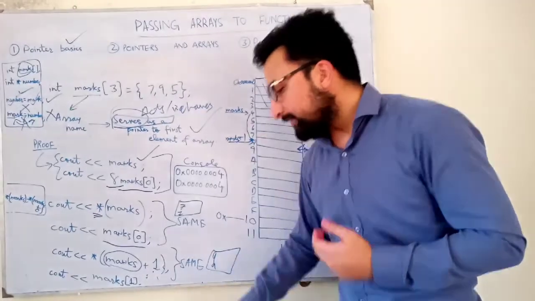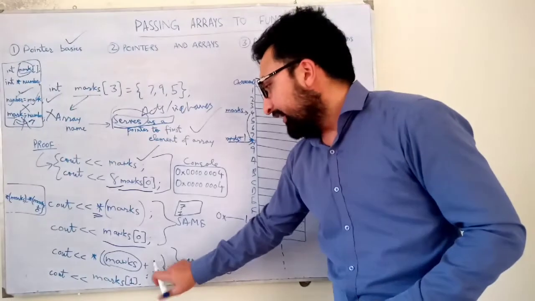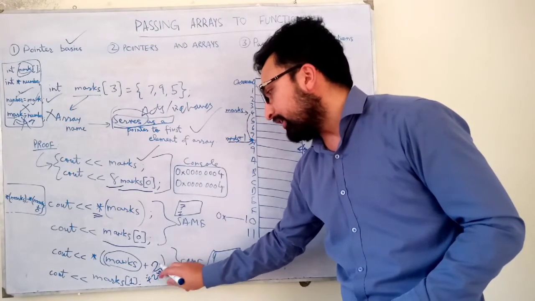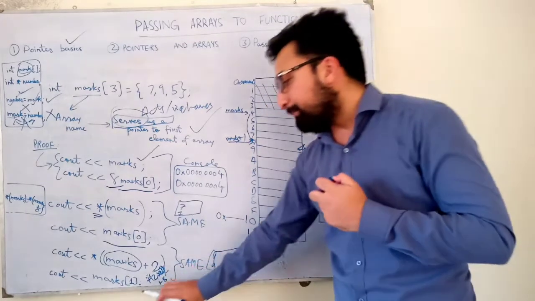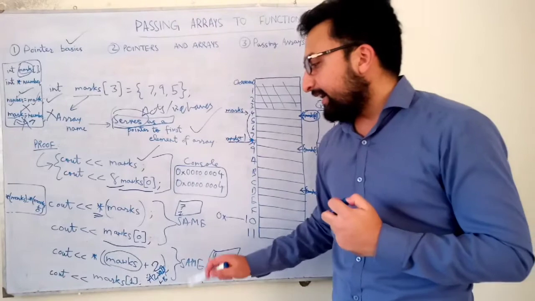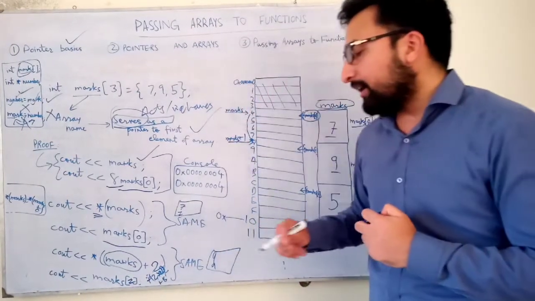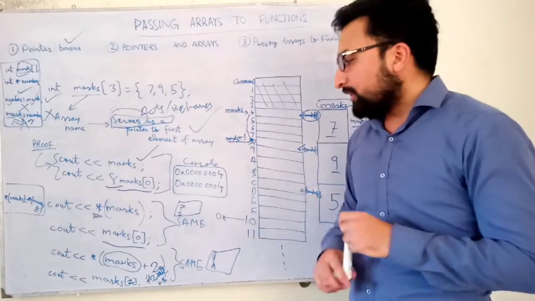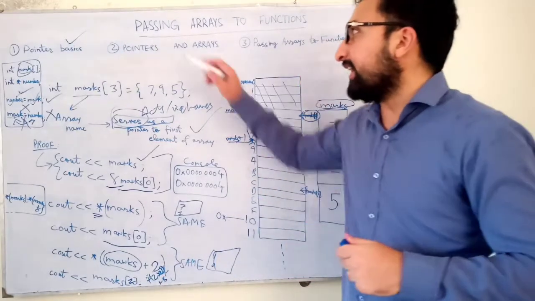Had there been a plus 2 here, it would have technically meant plus 8, because 2 gets multiplied with 4. And the same thing would have meant marks of 2, that we are moving to the third element of the array. So that is basically the similarity between pointers and arrays.